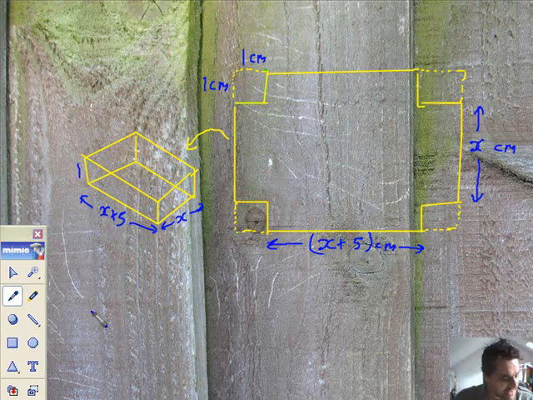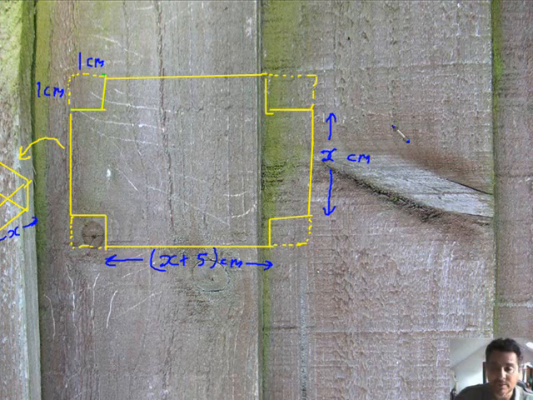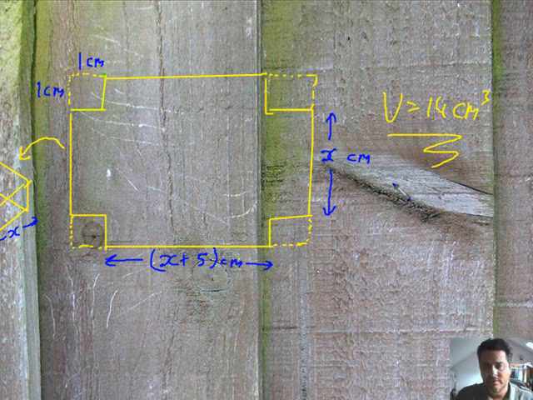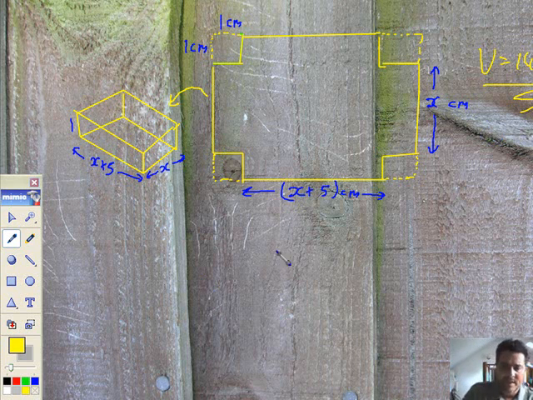Now for part B, I'm told the volume of the box is 14 centimetres cubed. So let's just write it down here. Volume equals 14 centimetres cubed. Guess what's going to happen? Form a quadratic. Find the dimensions of the original piece of card. Oh, alright then. Right then, how do you do the volume of a box? Very straightforward.